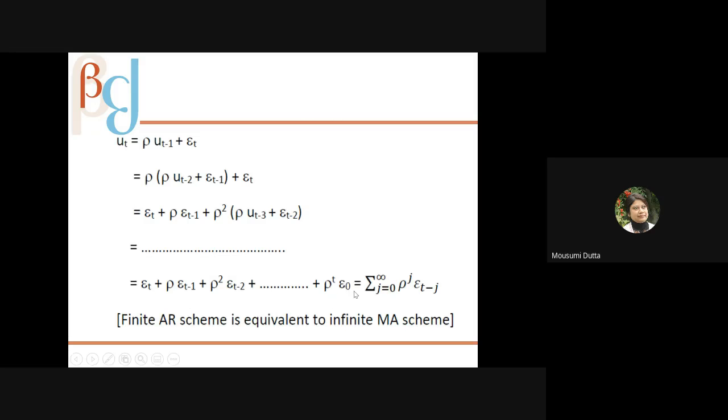Though it is a big polynomial, a big series, this series has an advantage compared to the AR1 process. The advantage of this series is all the errors we are considering in the sequence are classical in nature. So it will be helpful for us to find out several derivations or solve several issues. Therefore, we convert the AR1 process to the MA infinity process.